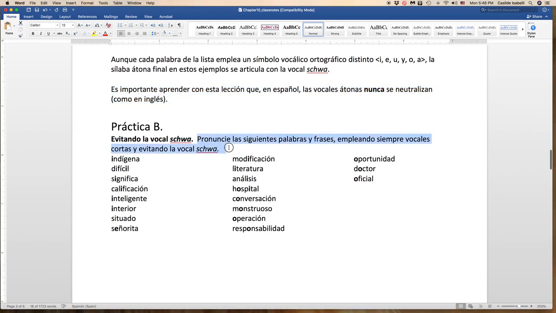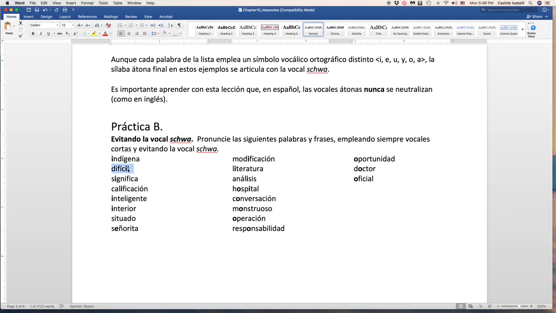So if we say these words, you'll notice that all of them are English cognates. We have these words in English. I'll say the word in English first, indigenous. I bolded the letter, that's a schwa. But in Spanish, stretch those lips and say indígena. If we don't stretch those lips, it's going to come out as indígena with a schwa, and that's incorrect. And there's your American accent or your English accent. In English, difficult.